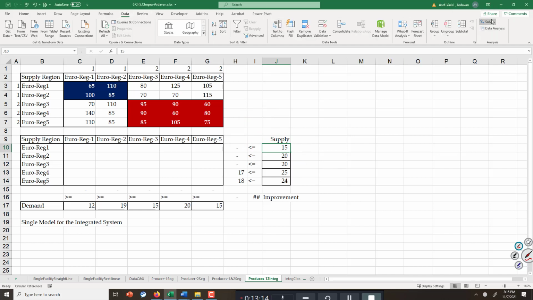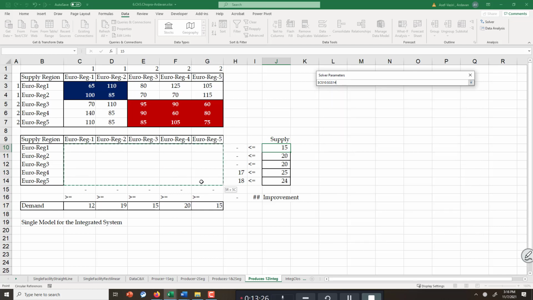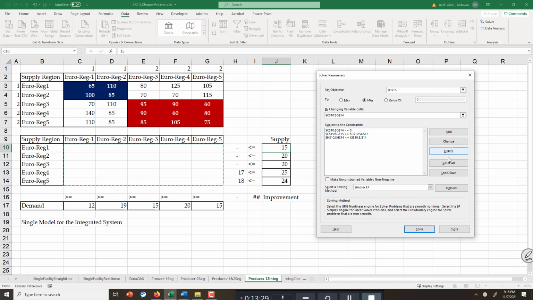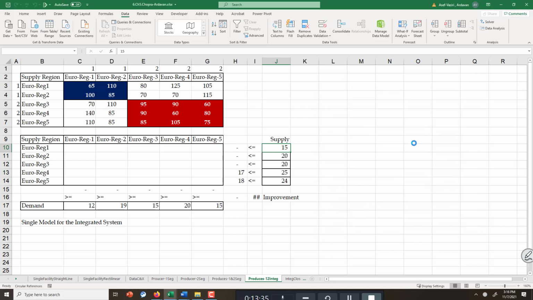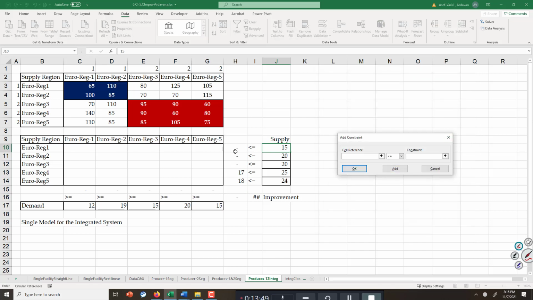Data solver, minimize this objective function by changing these decision variables. And by having this one and this one and this one by one, less than or equal to this one and this one and this one, add these values greater than or equal to these values.